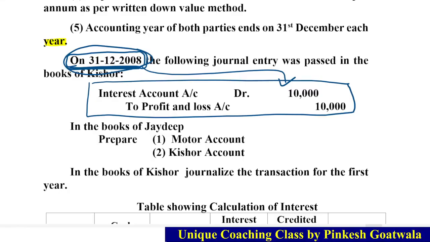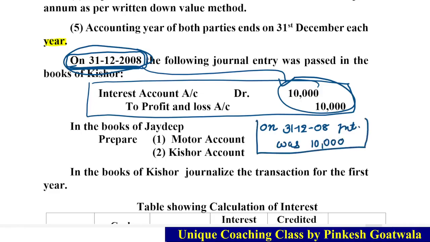The journal for 2008 shows interest to P&L. What is the journal in 2008? To interest to P&L 10,000. So what would the interest in 2008 be? It must be 10,000. So from this information, we get that on 31st December 2008, interest was 10,000.